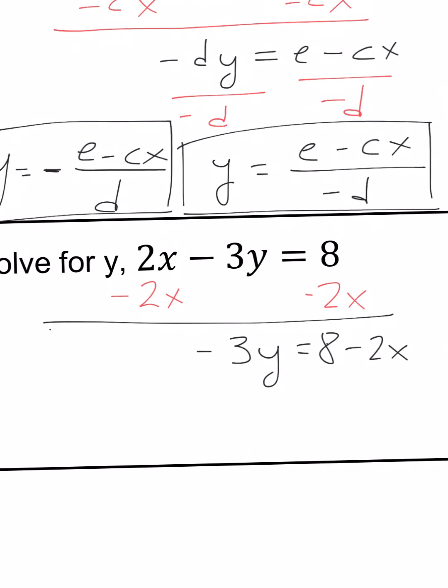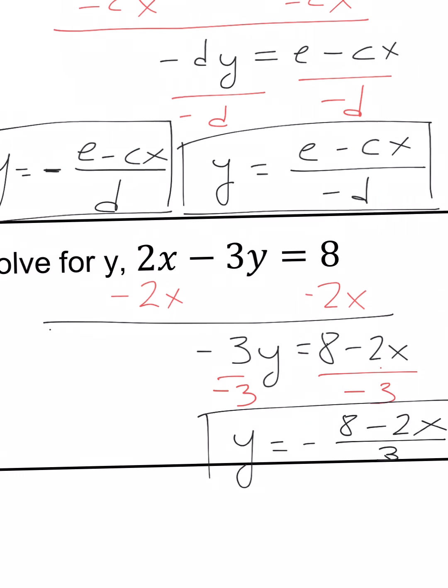And then I divide each side by negative 3. So that I'm left with y equals to a negative 8 minus 2x divided by 3. And that is my answer for that problem.